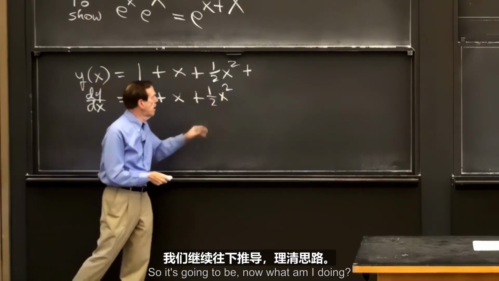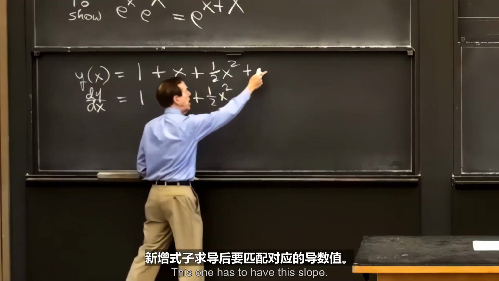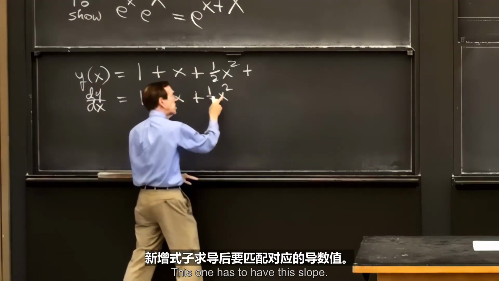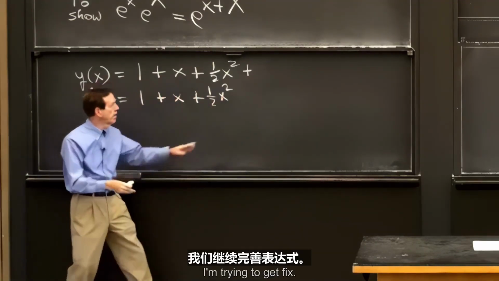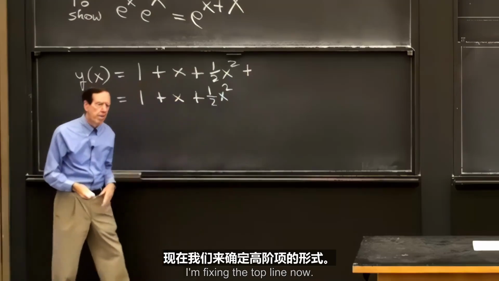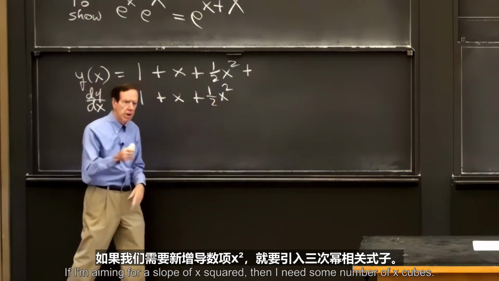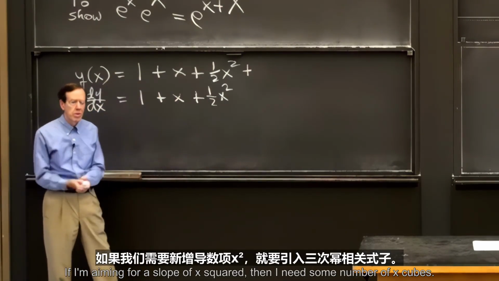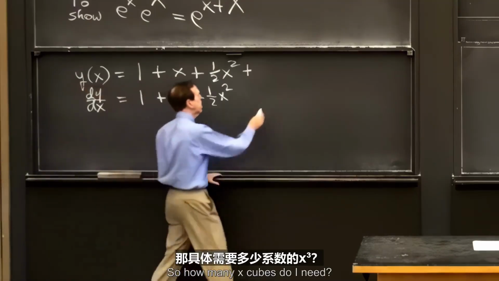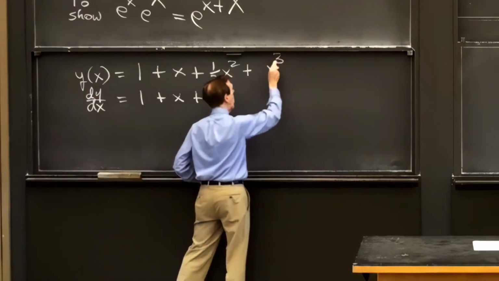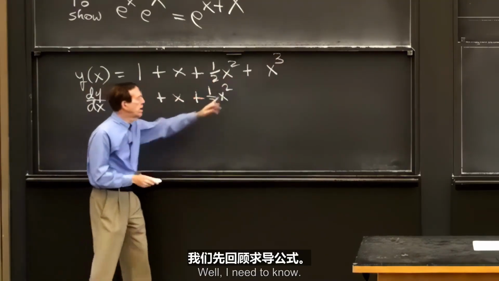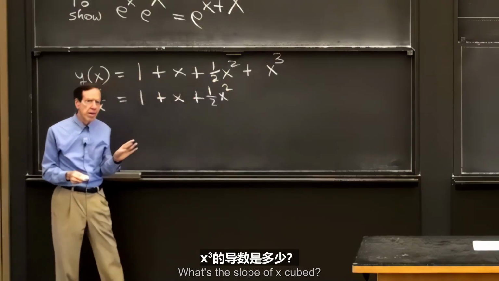So it's going to be, now what am I doing? This one has to have this slope. I'm fixing the top line now. If I'm aiming for a slope of x squared, then I need some number of x cubes. So how many x cubes do I need? Well, I need to know the slope of x cubed.